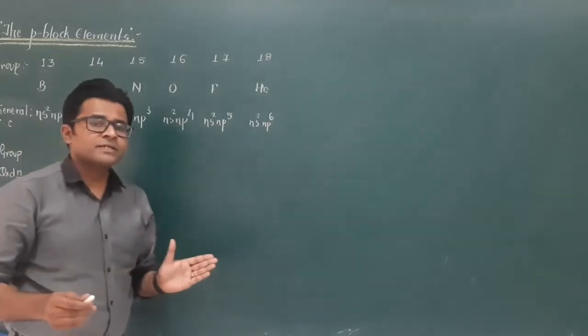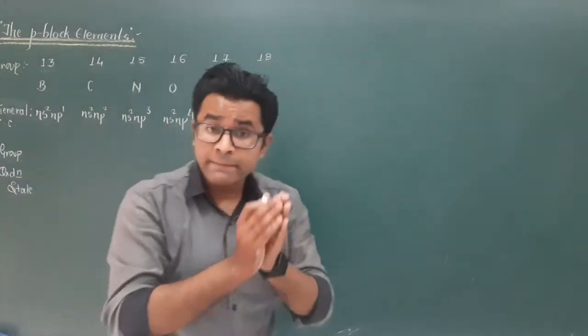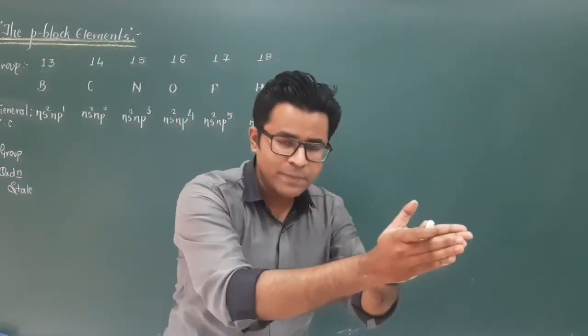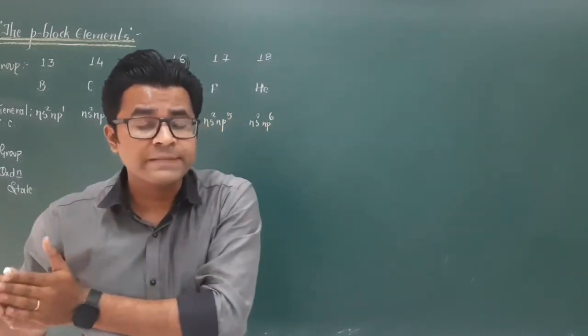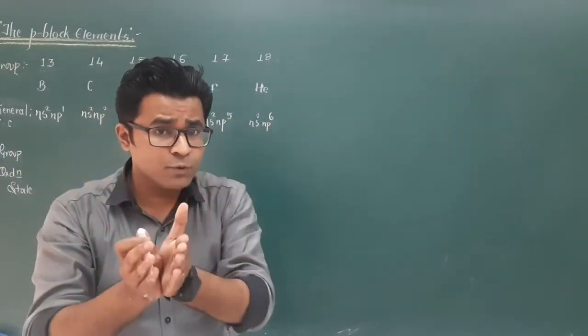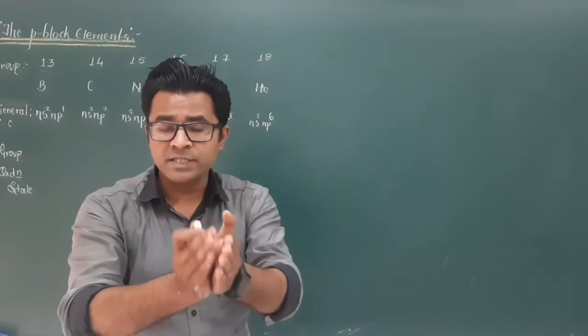Now, when we observe the group oxidation state, what we had seen is that the total number of electrons present in the s orbital plus the total number present in the p orbital, the sum of these together, will give us the oxidation state, right?